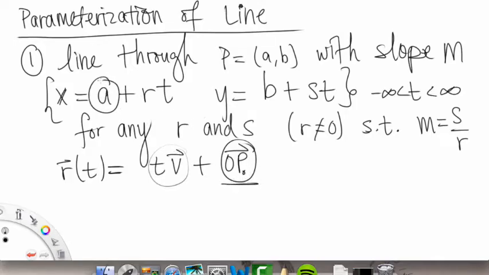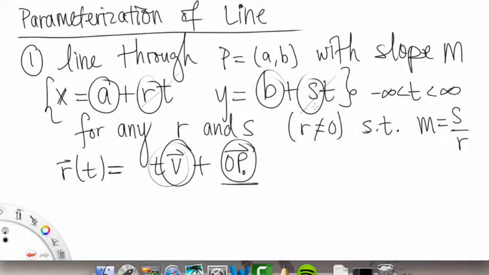So this (a, b) is the point we're starting at, because when t equals 0, these go away, right? And then when t is an actual non-zero value, that means our v comes in here, and likewise in our parameterization we have our r and our s come in, and y changes by a factor of s every time you add 1 to t, right?